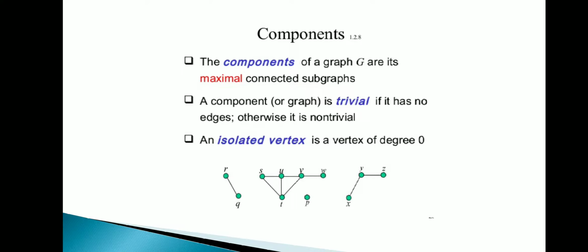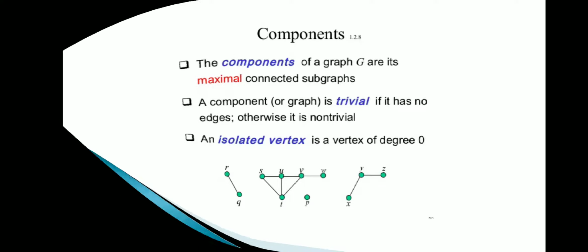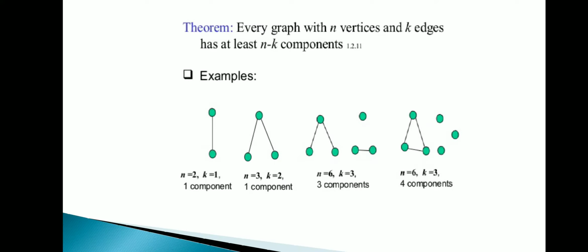Next, components of a graph G are its maximal connected subgraphs. A component is trivial if it has no edges, otherwise it is non-trivial. An isolated vertex is a vertex of degree 0. The following figures are components. Next, we go to the theorem. Every graph with n vertices and k edges has at least n minus k components.